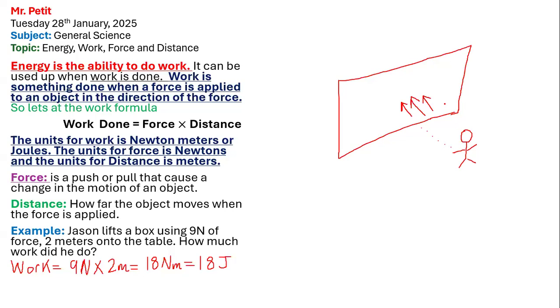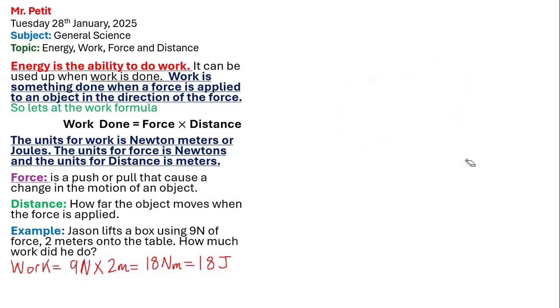So pushing against the wall doesn't count as work. What if you are standing still? If you're standing still, holding a heavy load, no work is done, because the stuff has not moved, right? Now, if you lift it up, work was done. But if you're just holding it, work is not done because the object is not moving, all right?